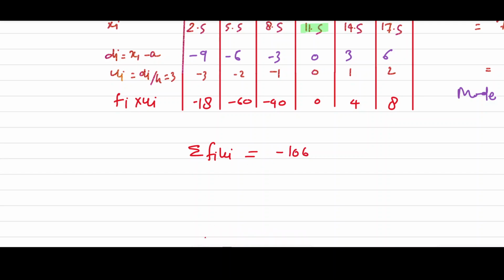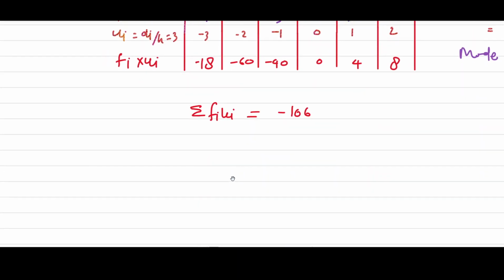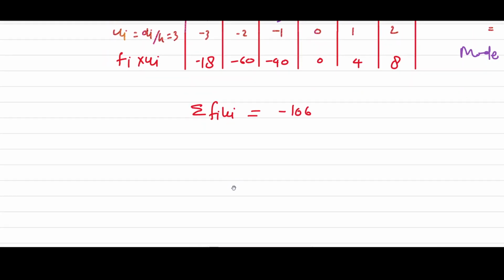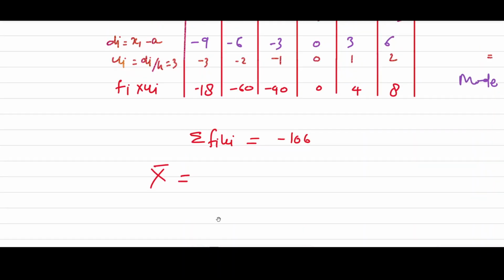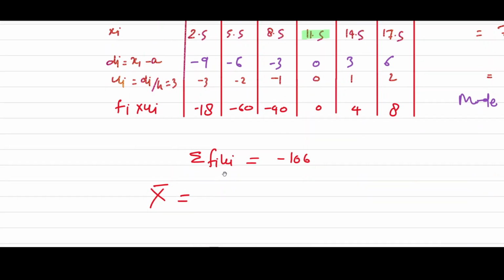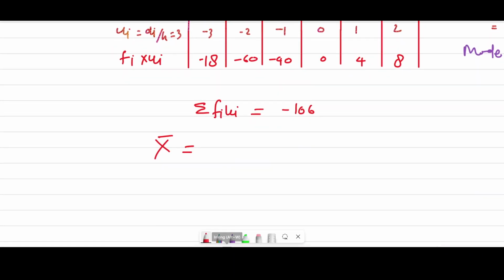Now calculate the value of the mean, that is x bar. This will be a, where we used a as 11.5.